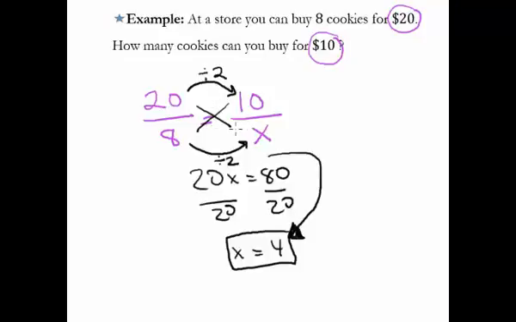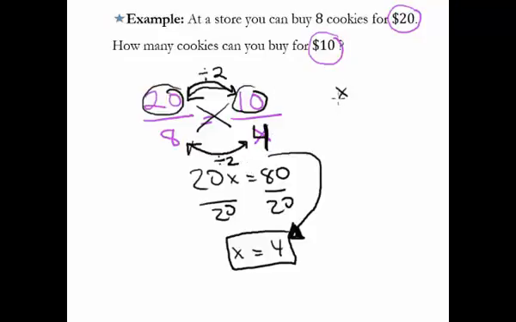While it's always tempting, and you can always cross multiply, I encourage you, before you do that, to think about how the numerators relate to each other. That multiplicative relationship, either multiplying or dividing, on the numerators is going to be the same as the relationship on the denominators.